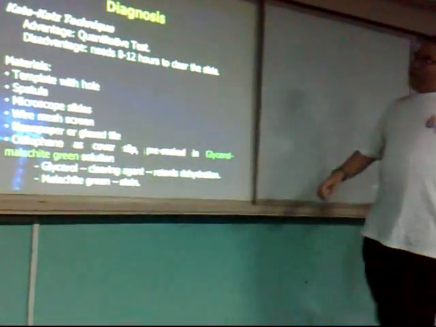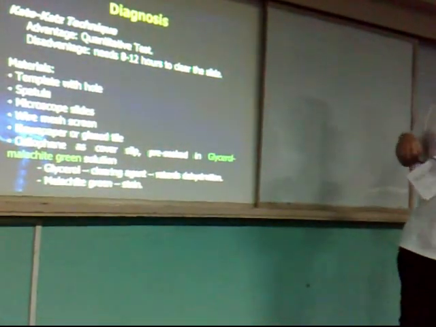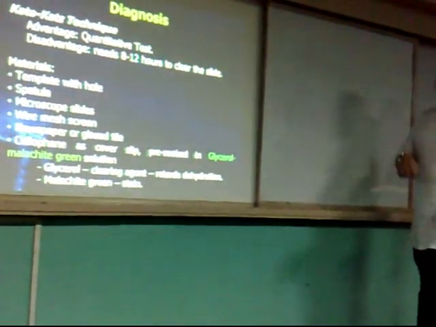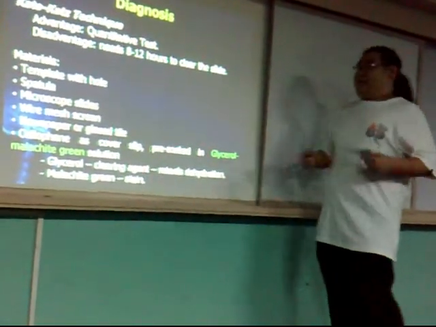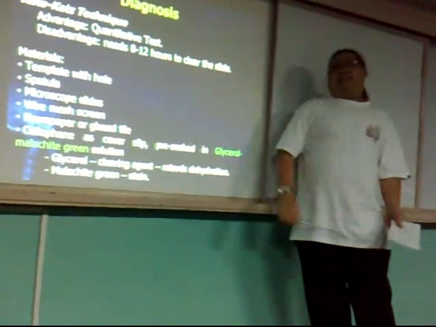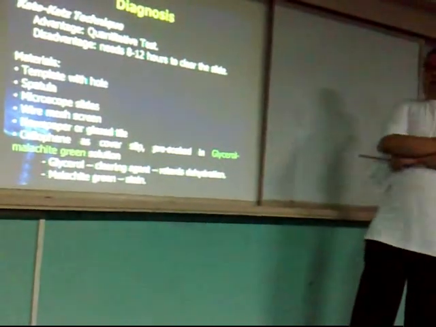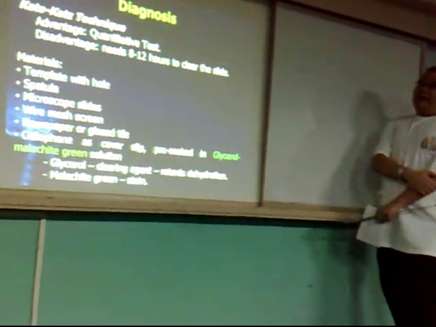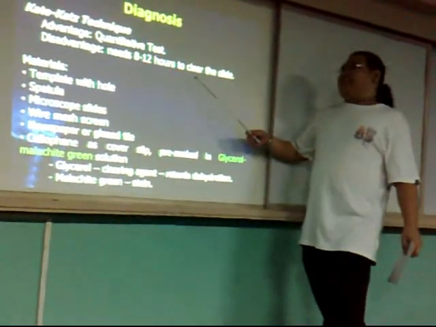And one of the important tests that can be used in diagnosing this disease is the Kato-Katz technique. I will discuss the specific procedure a little later. The advantage is that it is a quantitative test. Remember the other one, the direct fecal smear, is only for detecting the eggs in the stool. But the disadvantage is that it takes time because of the clearing agent.